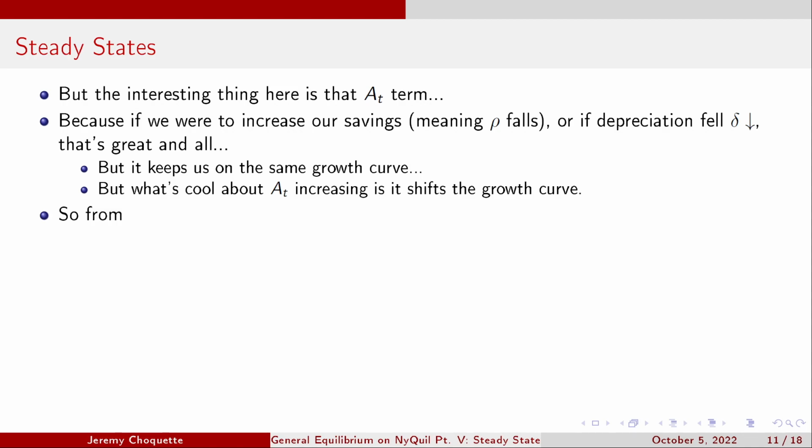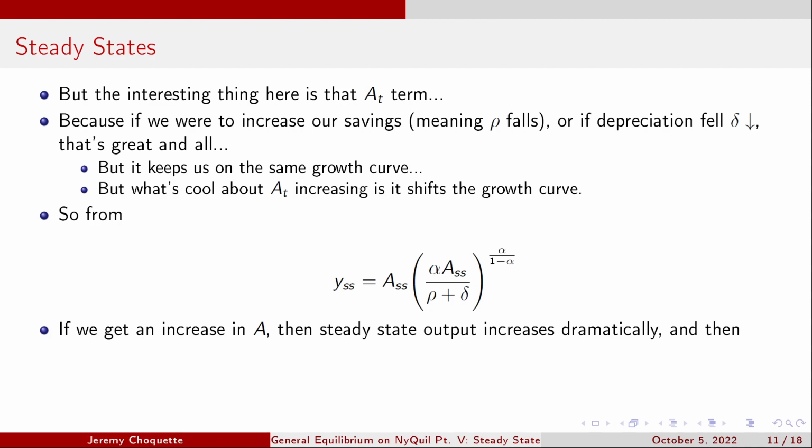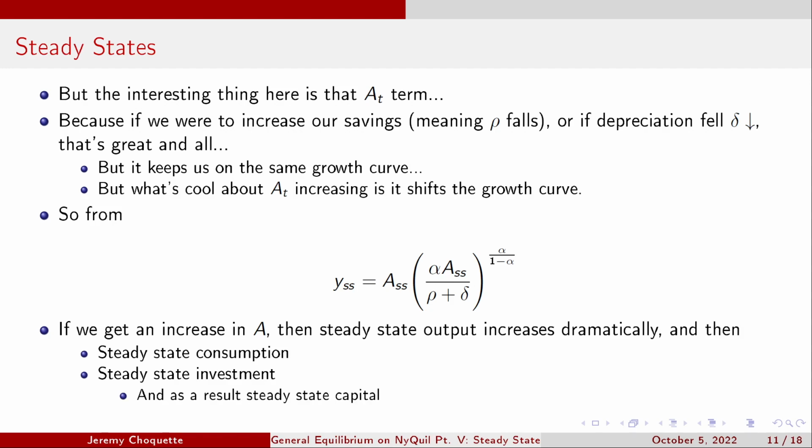It's pretty cool stuff. So from this is steady state output. If we get an increase in A, then steady state output is going to increase dramatically. And as a result, steady state consumption and steady state investment increase. Steady state investment increases, and as a result, steady state capital increases. So they all go up.